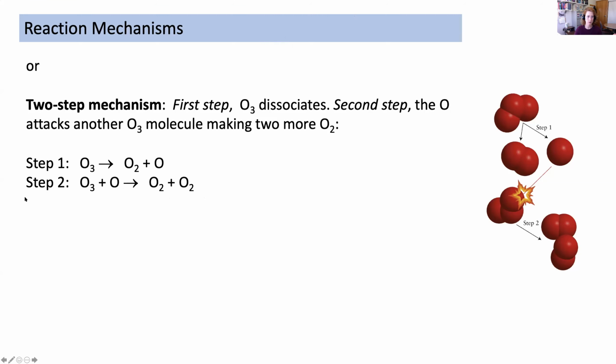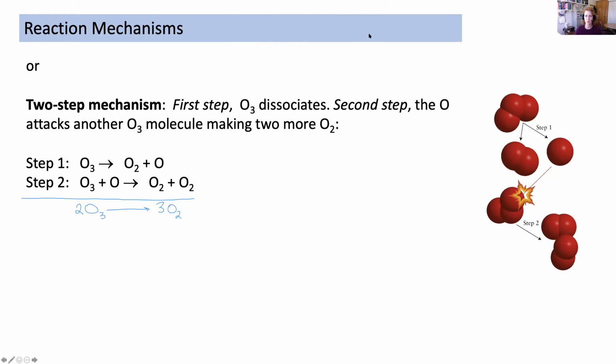So I can draw this here. If we add these up, then this is our overall reaction of 2O3 goes to 3O2. So when you're proposing steps of a mechanism, you need to make sure that the overall mechanism still matches up with what you have.